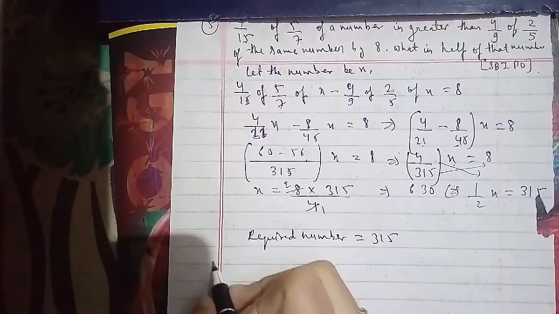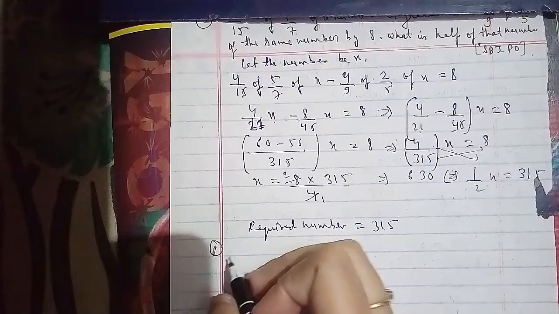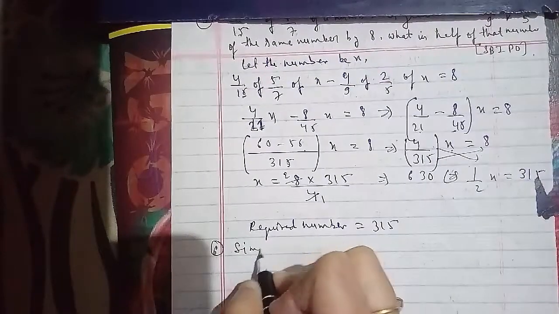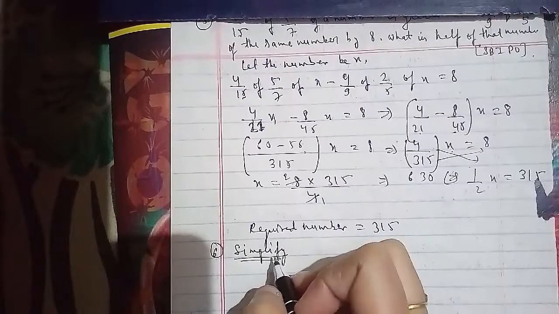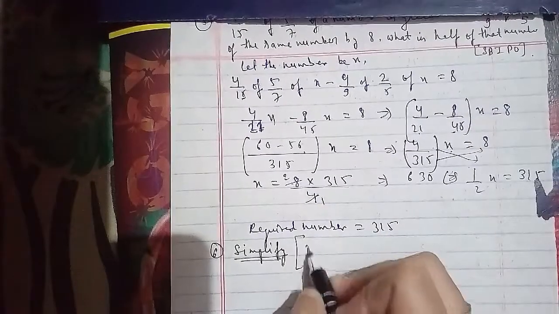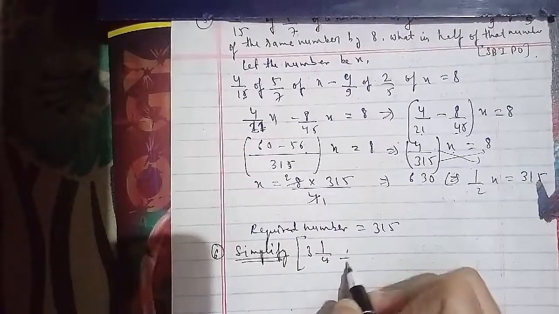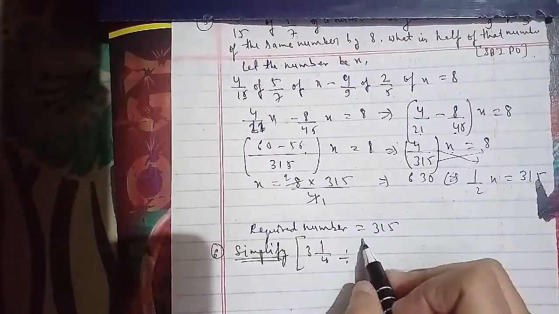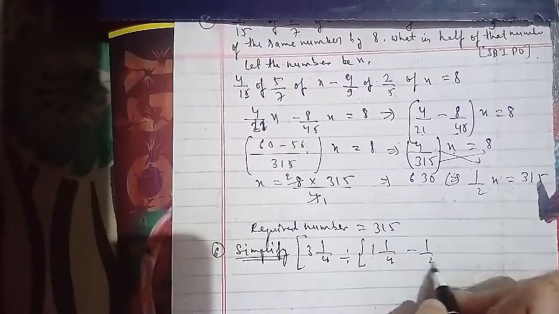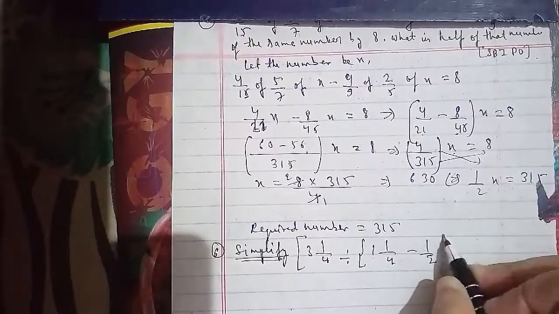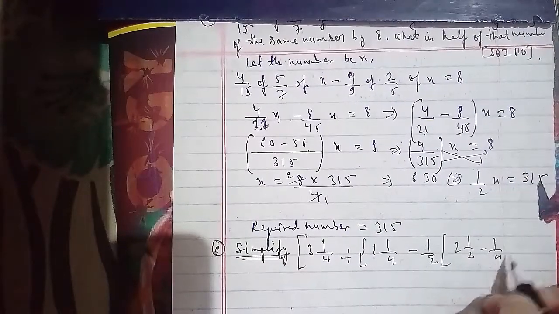Let's go ahead with the 6th question here, and the question we have is to simplify: 3 1 by 4 divided by 1 upon 4 minus 1 by 2, 2 1 by 2 minus 1 upon 4 minus 1 upon 6.